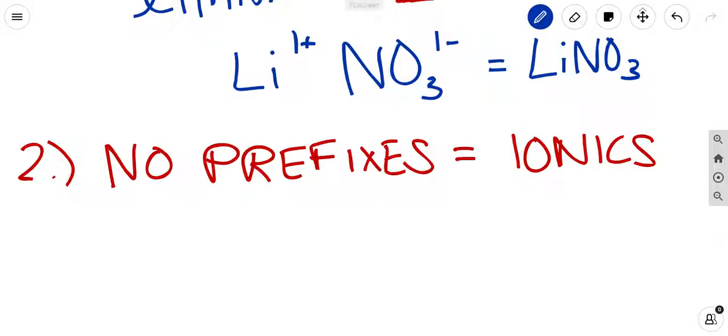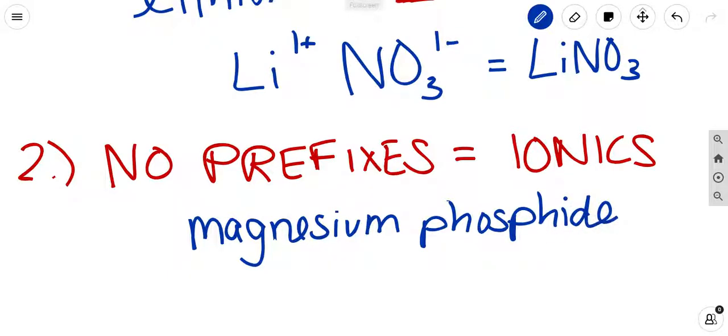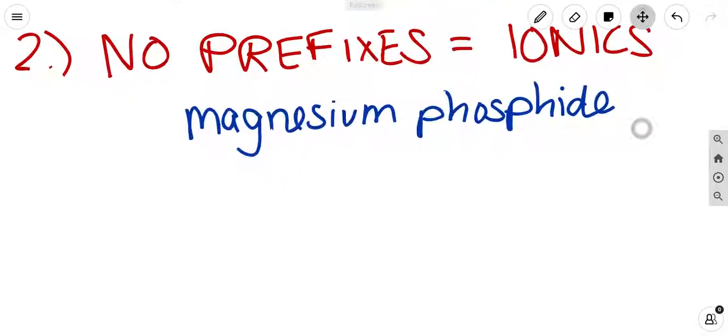So maybe you see magnesium phosphide. Okay, so magnesium phosphide. There's no prefix here and there's no prefix there. So therefore, you know that it comes from the periodic table. All right, and we have to go back to what does it have, what does it need?